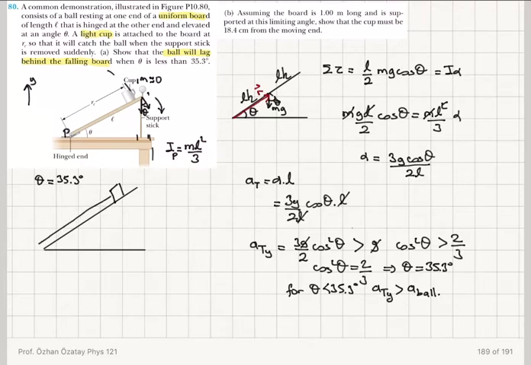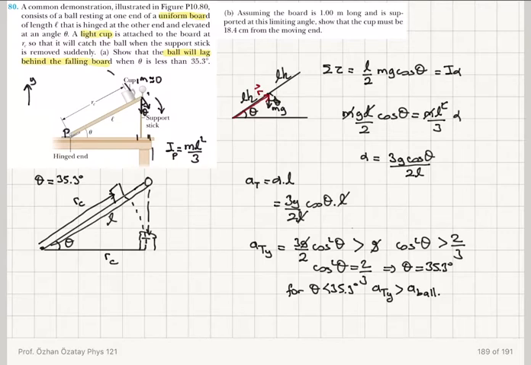Okay, so here is the cup that is at a distance rc from the left end, and when it's going to fall, it will come down here so that the ball will fall right into it.